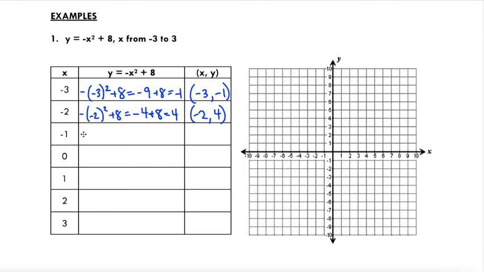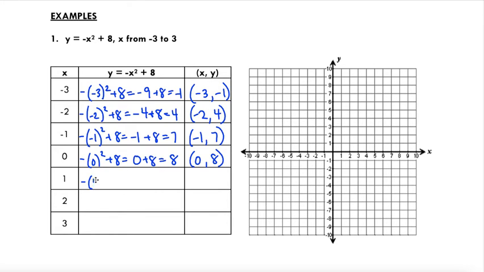Then we're going to go to -1 squared plus 8, which is -1 plus 8, which is 7. Then we're going to go to 0. So we have -0 squared plus 8, which is 0, plus 8, which is 8. And we're going to work our way all the way down the chart.